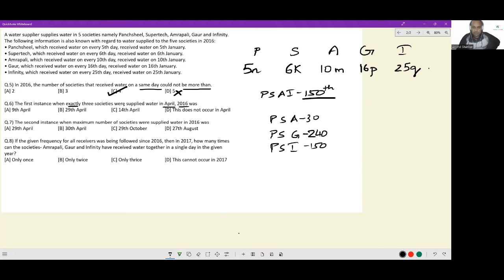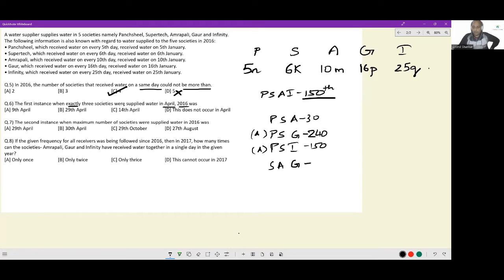In fact, instead of deleting these, let me go ahead and write down the additional society that is also receiving water on this day. A and A. PSI is done. Next is SAG. 30 and 16.